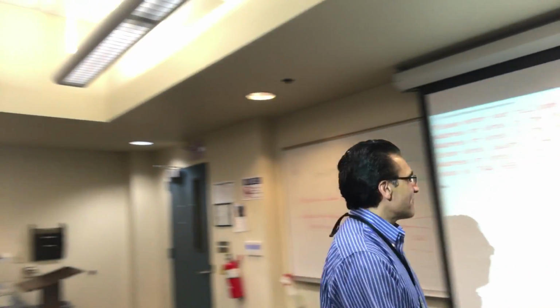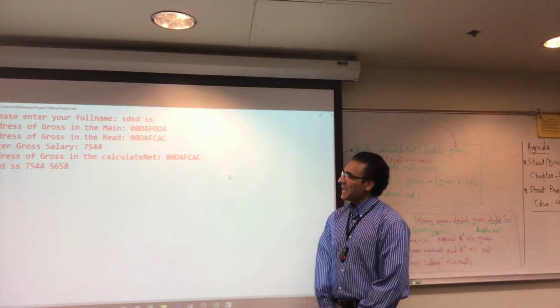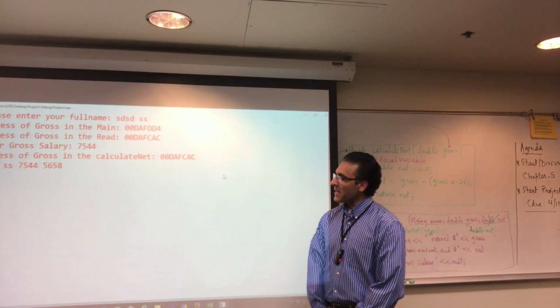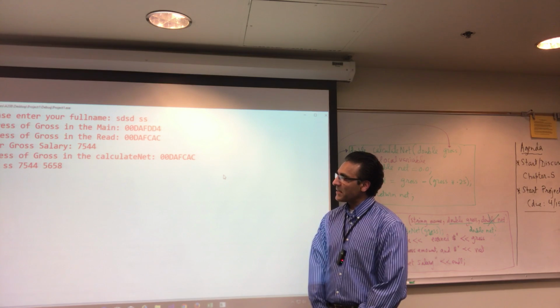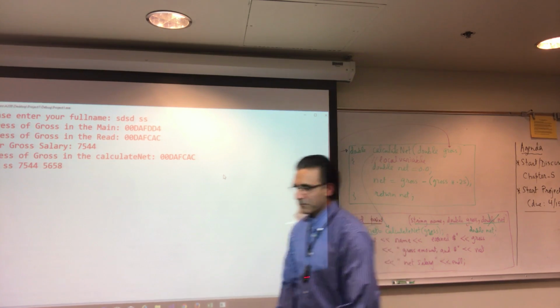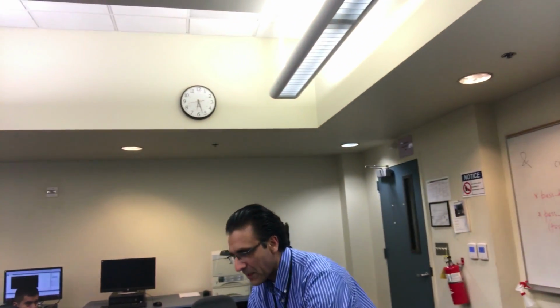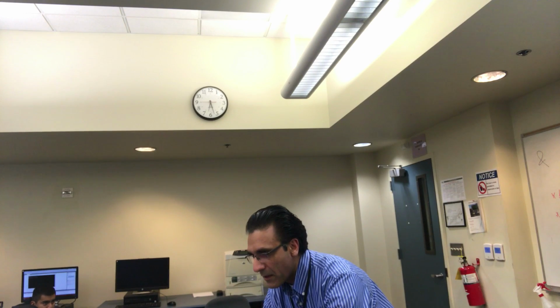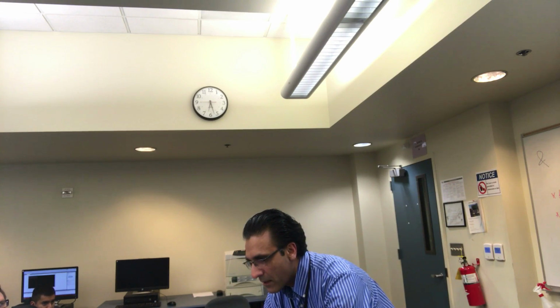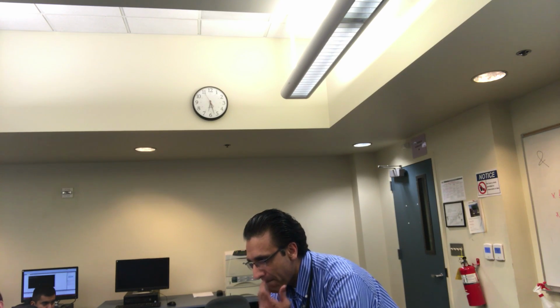I was hoping it will be different because the net salary is a separate function, and right now it's showing me the same, and I did not pass an ampersand sign. So that's kind of strange to me. Let me see what could be the reason. So this pass is a simple pass. Which are the 2 that are getting the same value?